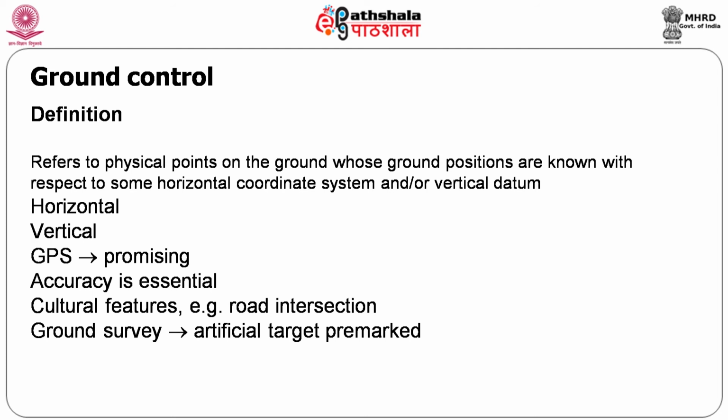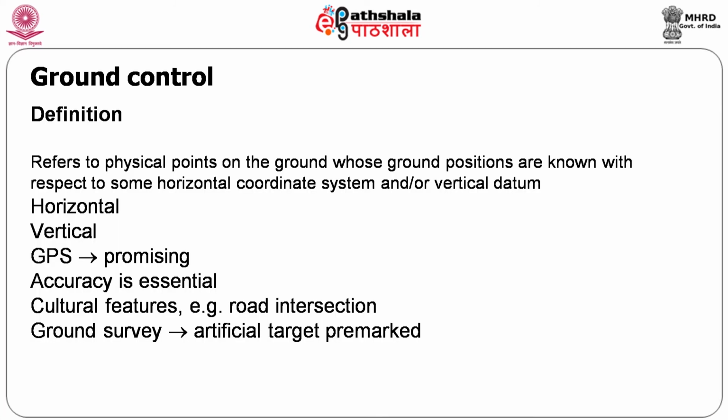They will create a control point before taking the photograph itself. Both will be either horizontal or vertical control points, and the most important thing of late is your GPS, which has become a very promising one.